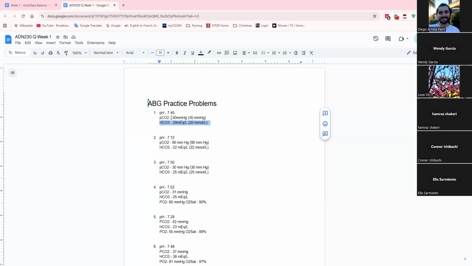You can think of the third value as being abnormal because it's being used up to compensate. So that's why it's abnormal, because it's trying to compensate. Okay. Does anyone feel like they particularly have a hard time with interpretation of ABGs? Did this one make sense?